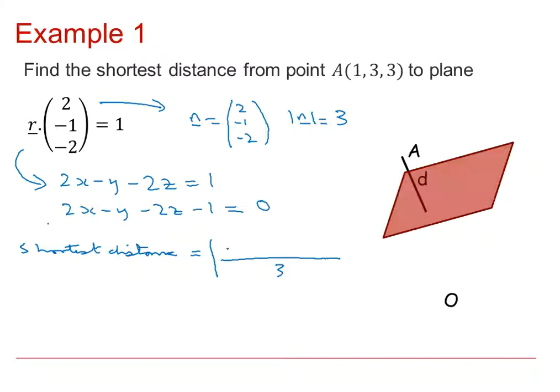So we'll get 2 times 1 minus 3 minus 2 times 3, and don't forget the minus 1. And that gives us the modulus of minus 8/3, and therefore the shortest perpendicular distance from A to the plane would be 8/3 in this example.